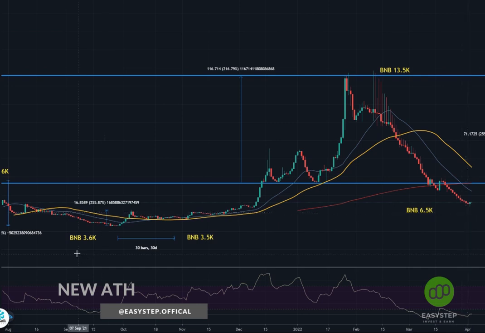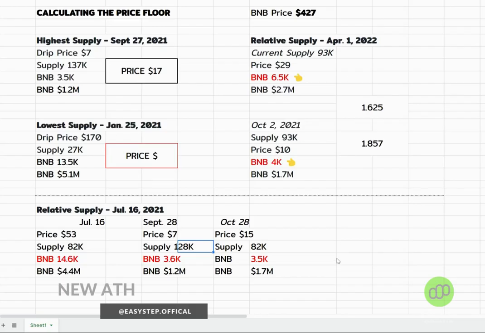So with a BNB balance of 3.6 thousand, we achieved a BNB balance of 13.5 thousand, and that gave us a price of about $170, $190 on the DEX. So with a higher BNB balance, we should be able to achieve an even higher price. So now, let's go back here.